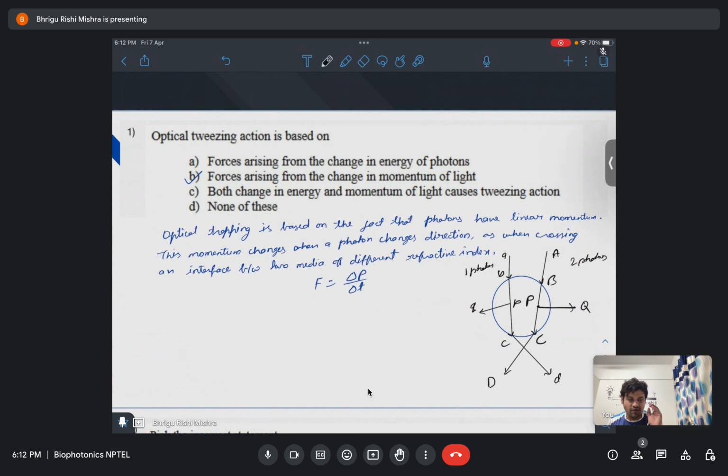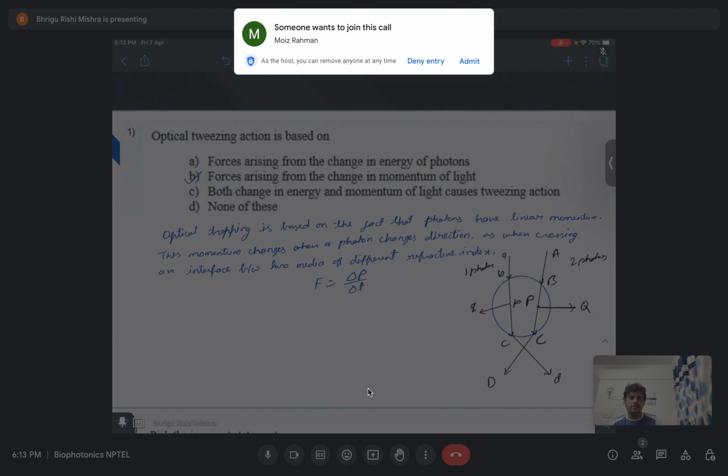With one force you can only push in one direction, and if you want to push the cell in another direction, you need to apply the force from that direction. Rather than that, you can have two forces and control by manipulating the intensity of the light. Intensity means that in a particular time more photons are going inside the cell or the sphere.